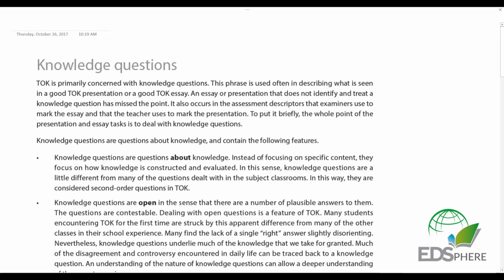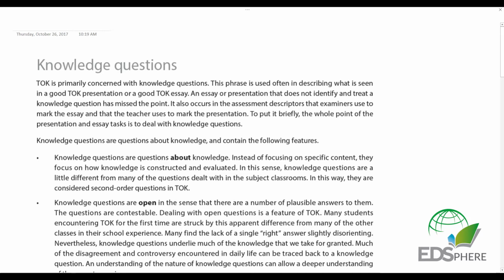Well, let's get a highlighter. Knowledge questions are simply questions about knowledge. So we question how, or mainly how and what, knowledge is.